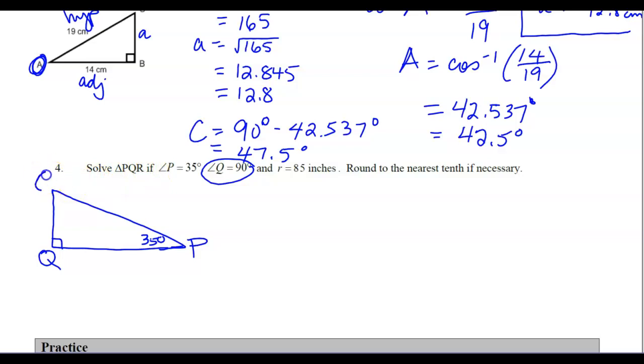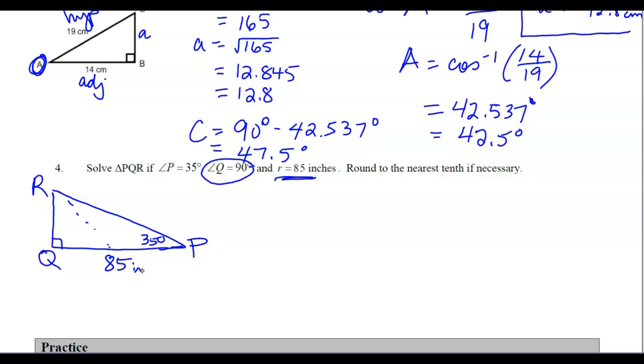So this would have to be Q. Oh no, sorry, R. That would have to be R. Okay. So this measurement is the side opposite capital R. And so that will be 85 inches.